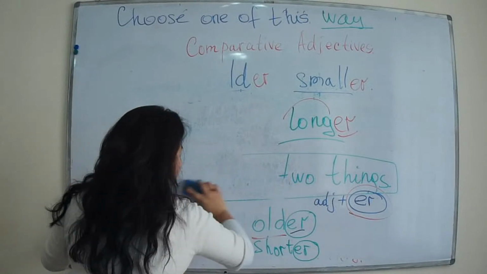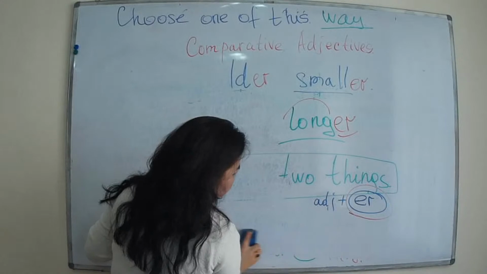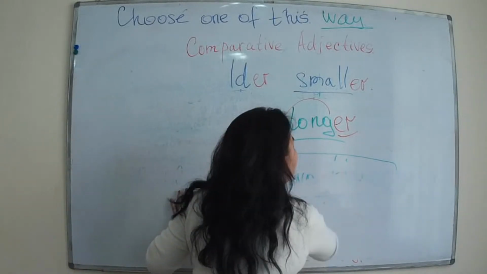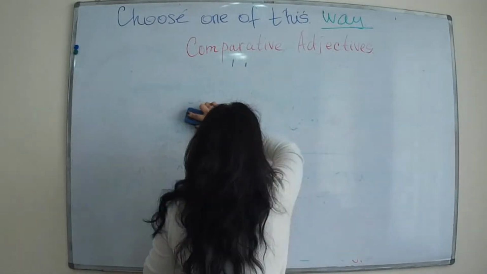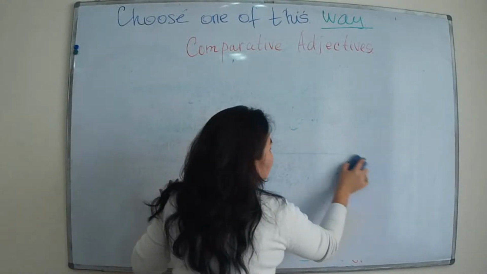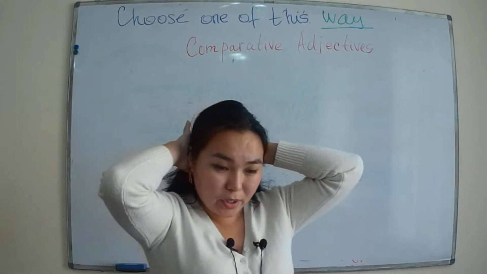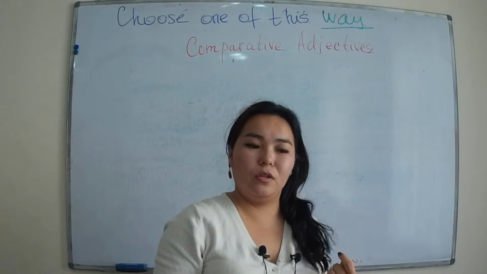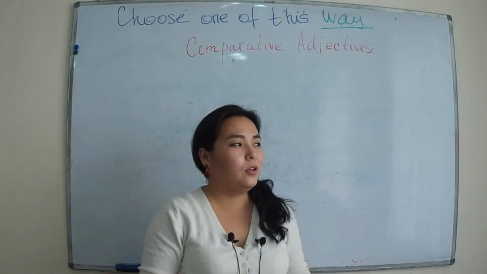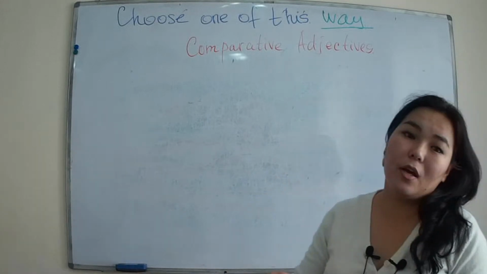Okay, let's go further. You know that mostly people who live in other countries or native speakers in the USA, in England and other countries where English is the official language, they use comparative adjectives a lot.